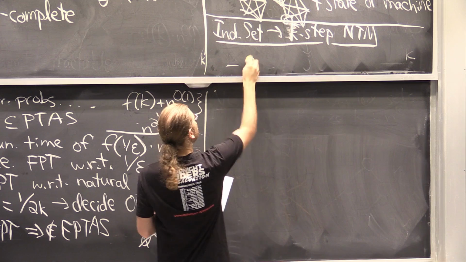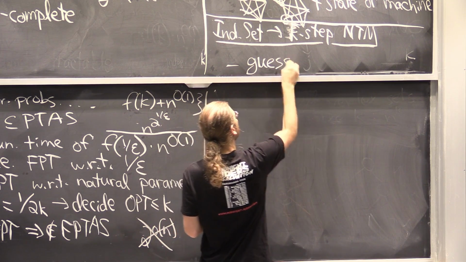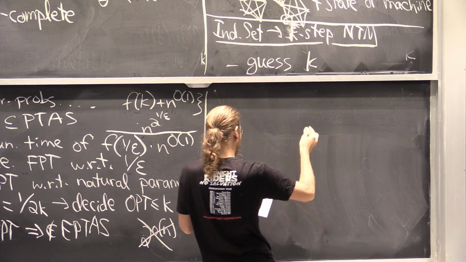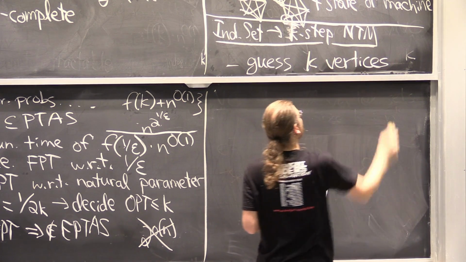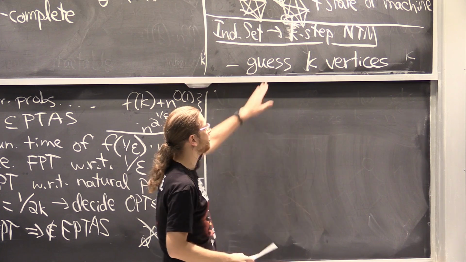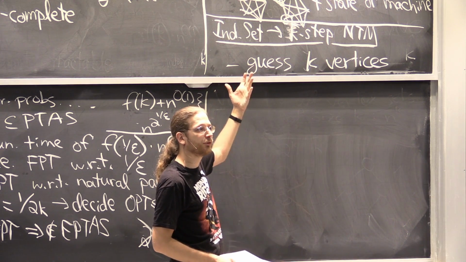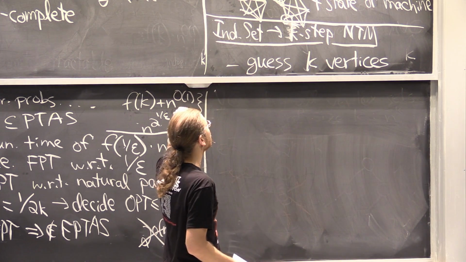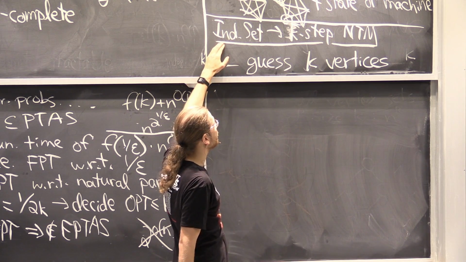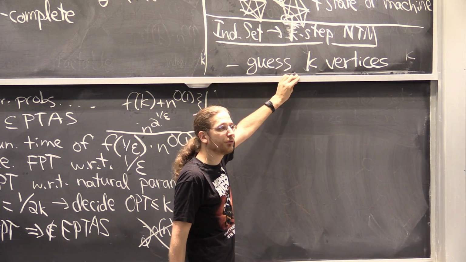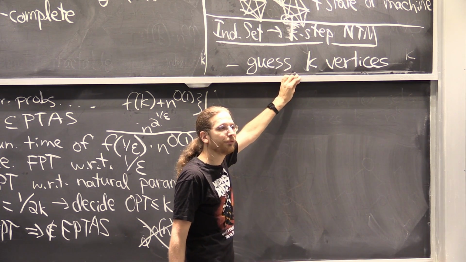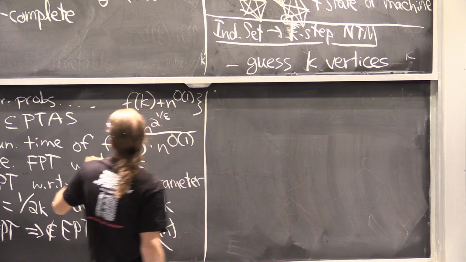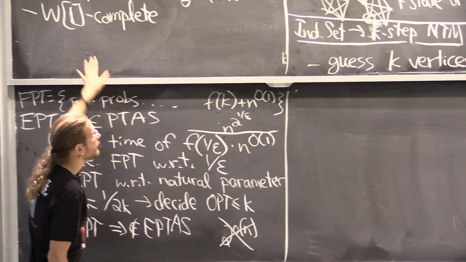Namely, we have k steps, so let's guess all the vertices. You can see here, this is where we need the ability to guess among n different options in each guess step. We want to know whether there's an independent set of size k, so guess all those k vertices, and then check it. So this was our XP algorithm, but now phrased as a non-deterministic Turing machine algorithm.